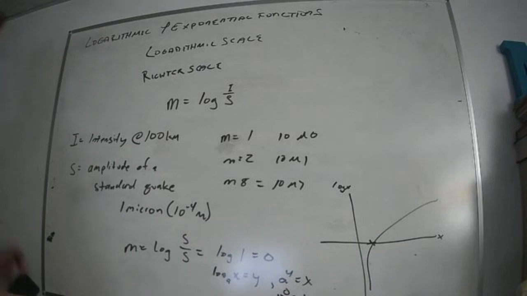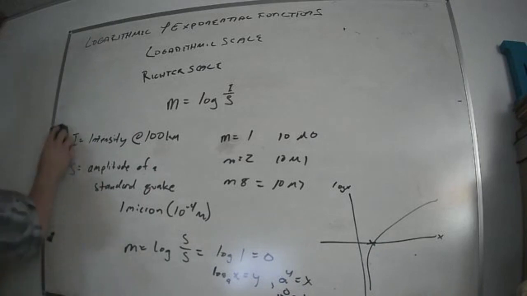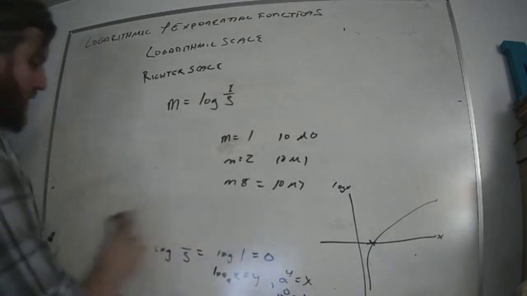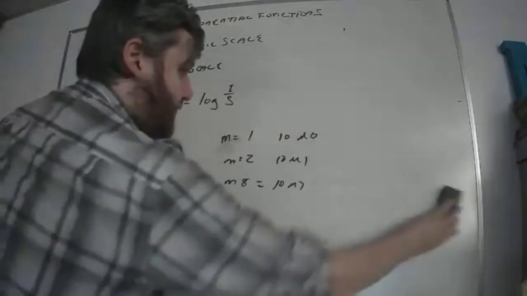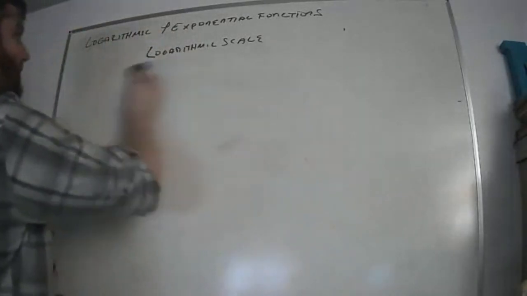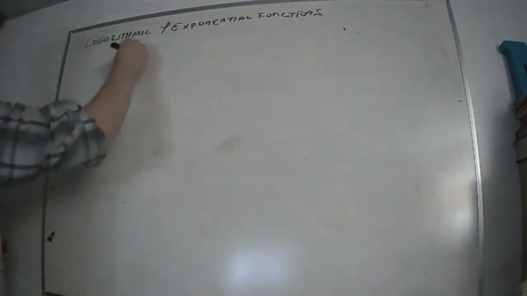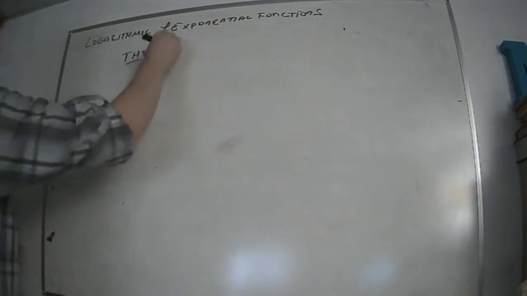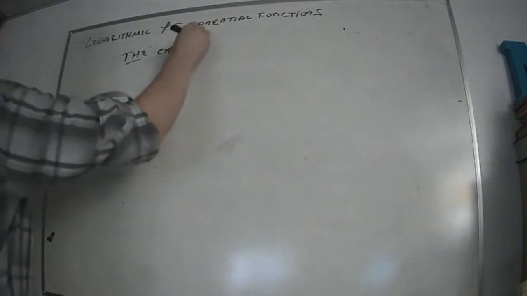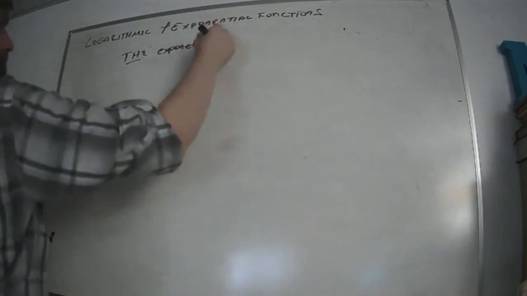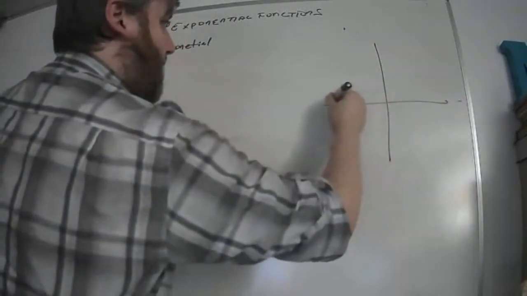Now, let's look at the exponential function and see what we can do with that. This one should be a little more clear. If we talk about the exponential function, this has a graph where it looks like this.